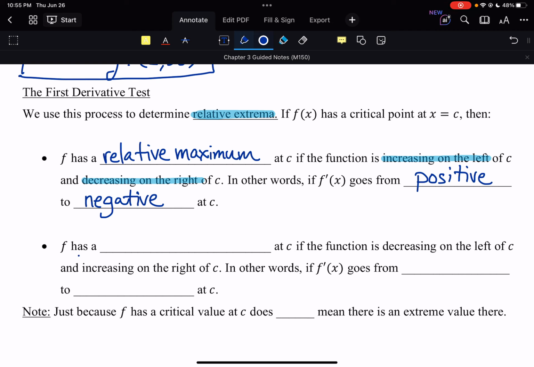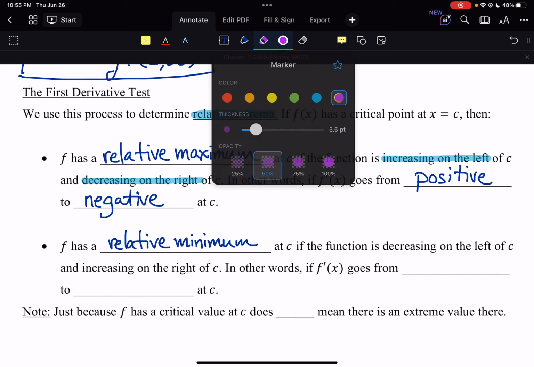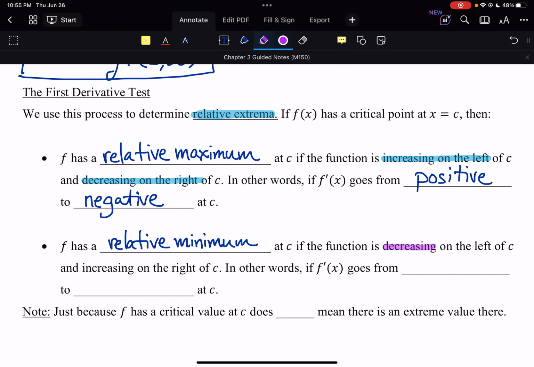And on the flip side, we say f has a relative minimum at c if the function is decreasing on the left of c and increasing on the right of c.